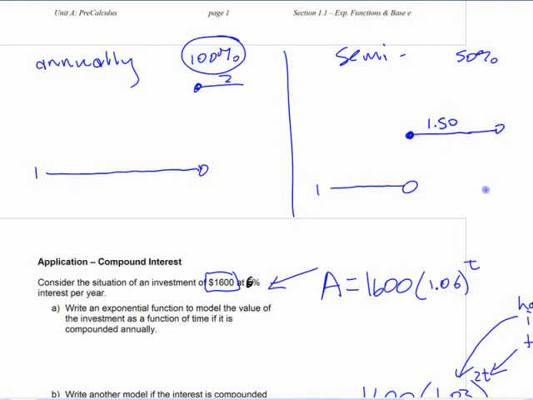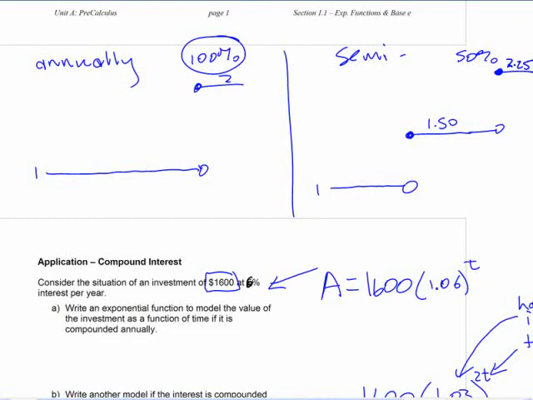Another half year goes by, and what does it jump up to now? Because you get 50% of this now, not 50% of the original. You get 50% of $1.50, which is 75 cents, so you're going to have in total $2.25. So the extra 25 cents is the interest you earn off the interest you got from the first part of the year. When you compound things more often, as soon as you add money, it earns interest.